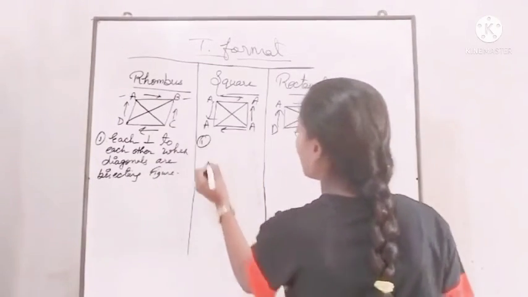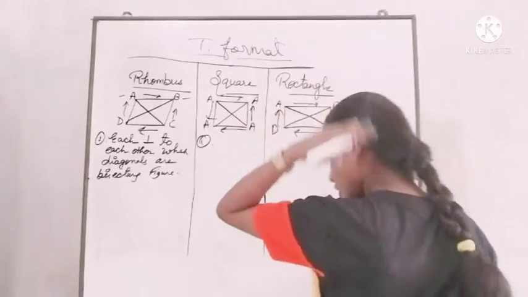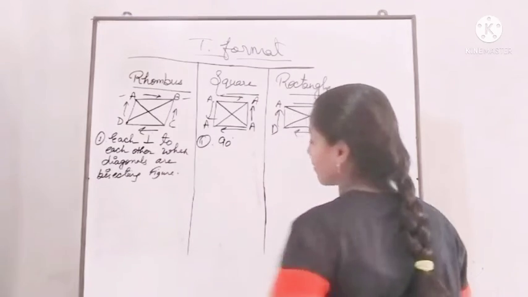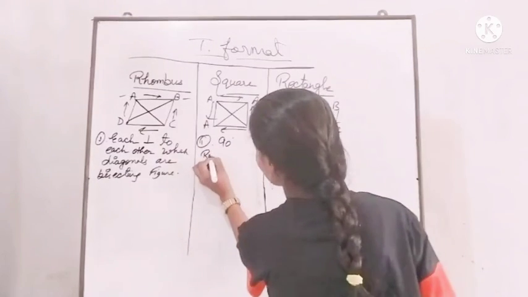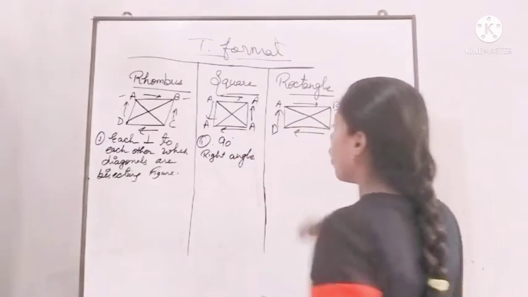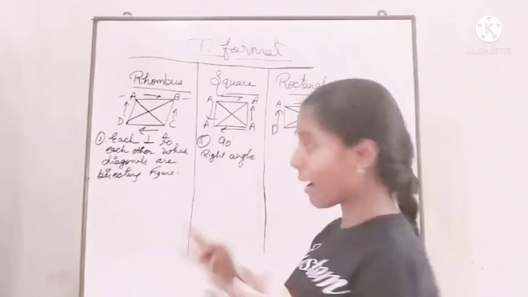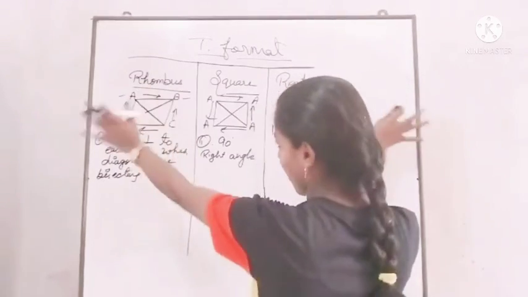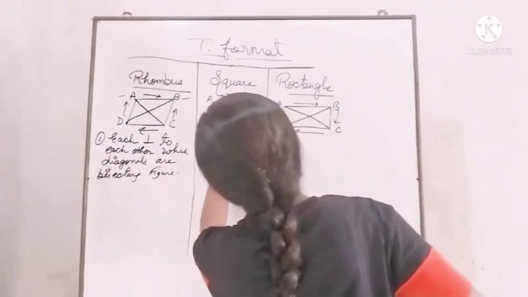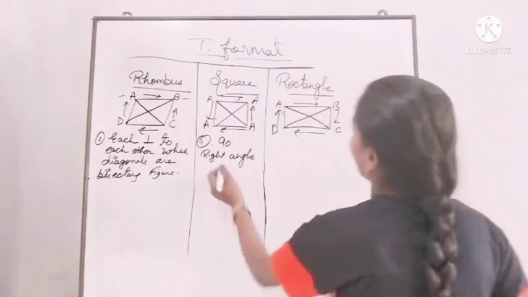Point number A for the square: when the diagonals bisect each other, we get a right angle. See on the square, when the diagonals bisect this perfect square, we get right angles.